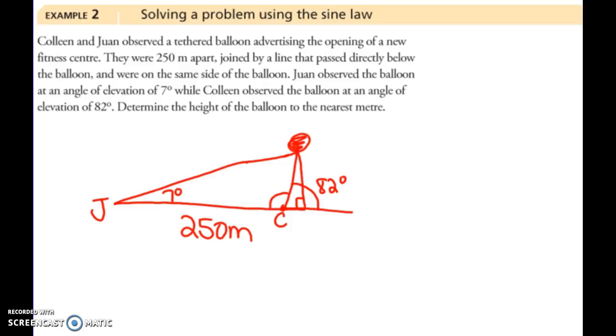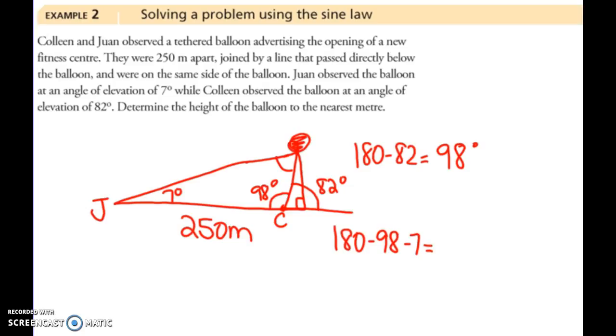So to find this angle, we should be able to go 180 minus 82, which would be 98 degrees. So then we can find this angle also by going 180 minus 98 minus 7, leading us to 75 degrees.